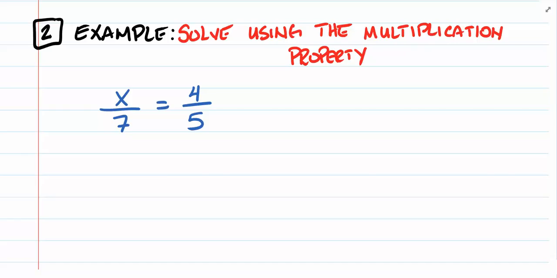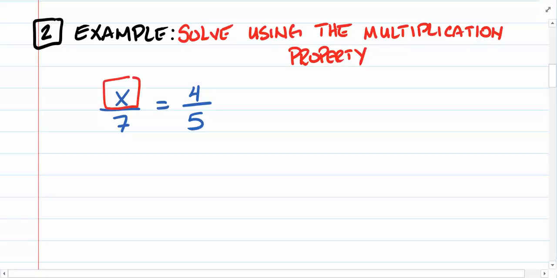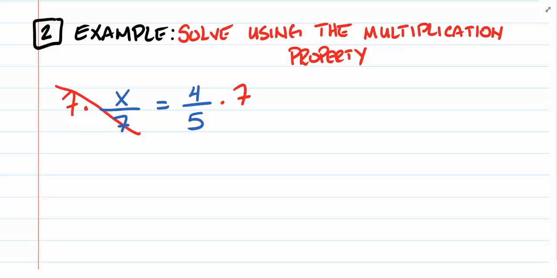Here's box number 2. Let's do another example together. It says solve using the multiplication property. I'm solving for my variable x, and I'm noticing that x is being divided by 7. The inverse operation of division is multiplication. So I'm going to multiply both sides of my equation by 7 in order to cancel out the 7s on the left-hand side, because 7 divided by 7 is the number 1, and 1 times x is just x.